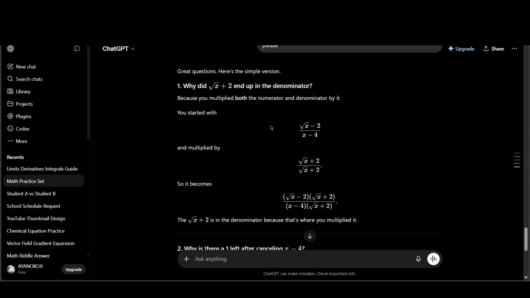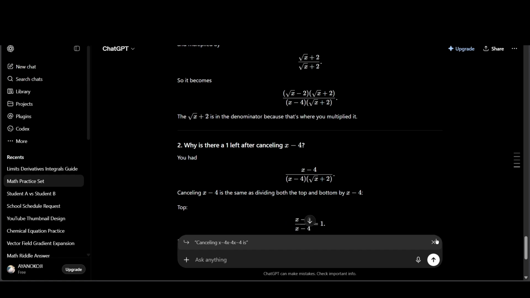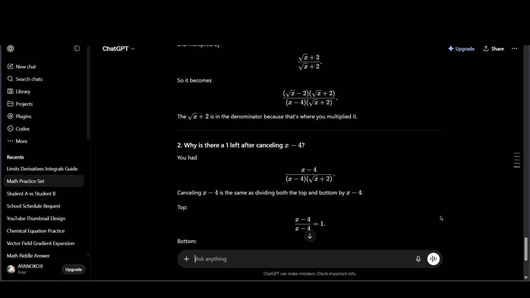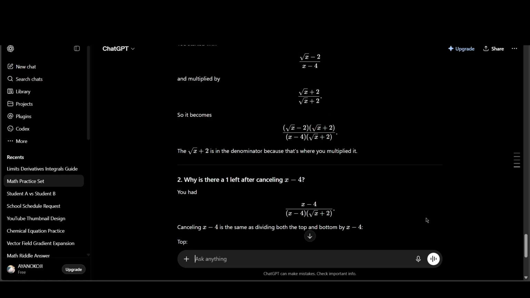We started with that. I see. I see. Canceling x minus 4 is dividing both the top and bottom by x minus 4, which is equal to 1. Oh, okay, I understand it now.